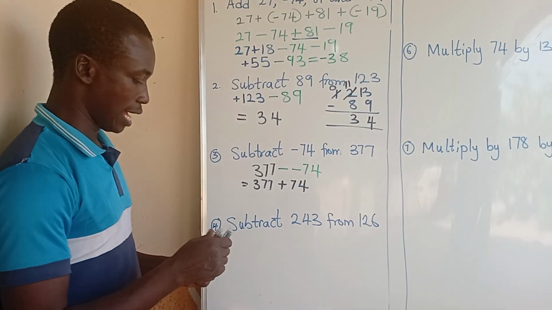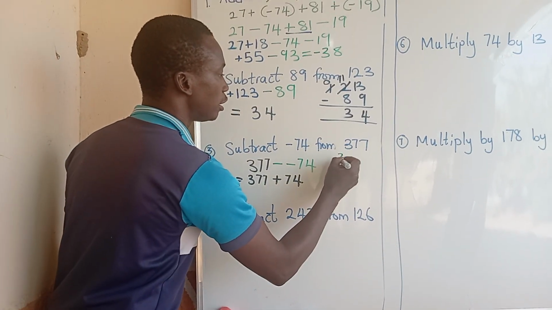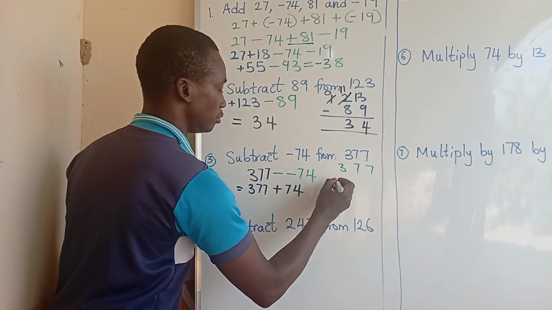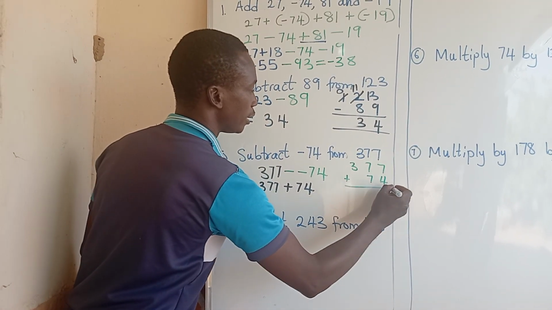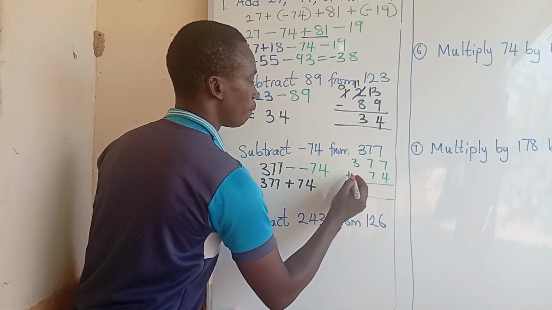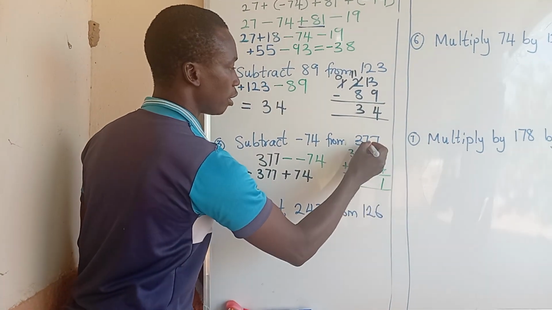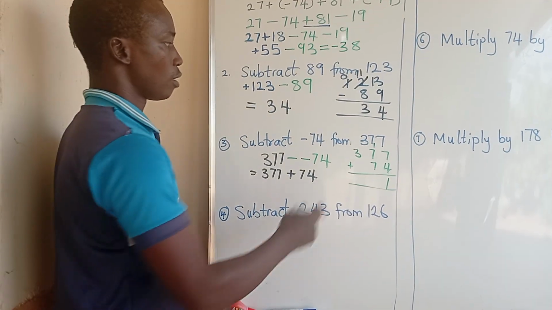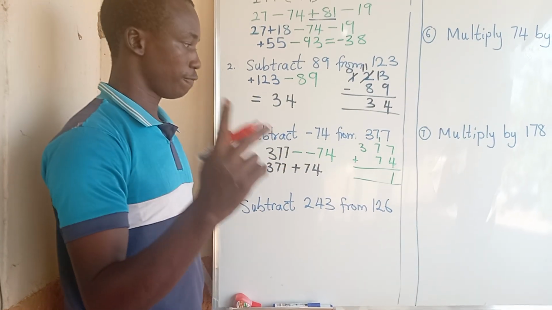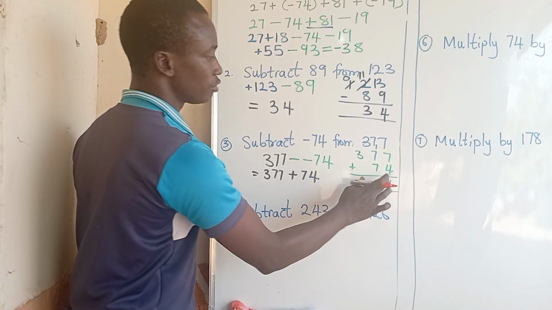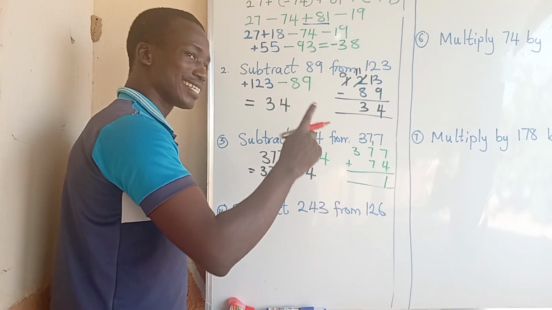Then we can now add these two numbers together, which is 377 plus 74. 7 plus 4, we are going to get 11. 1 will be here, we'll carry 1 here. 1 plus 7 plus 7, that gives us what? 15. We don't write the 11 here because we have gotten a tens and a unit.